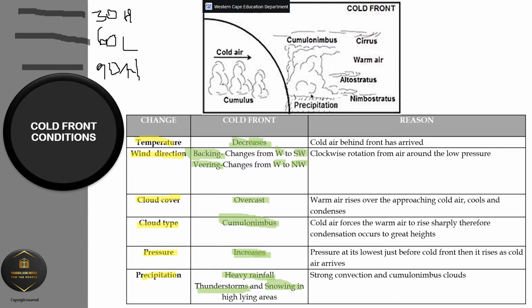Now you may ask yourself, why is it backing? Why is it moving from west to southwest? When the system comes, remember pressure gradient force says air must move from high pressure to low pressure. So when this system comes, it is also propelled or pushed by your pressure gradient force. As much as it is going to the east from the west, remember in the westerly wind belt, as much as it's going to move from west to east, it is also going to be moving towards the low pressure.